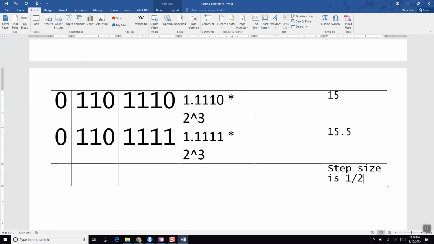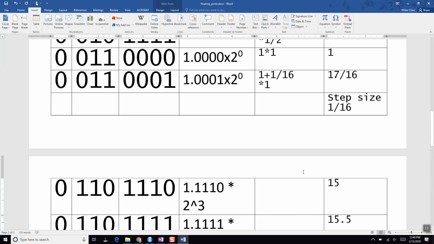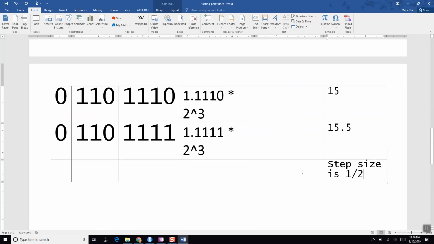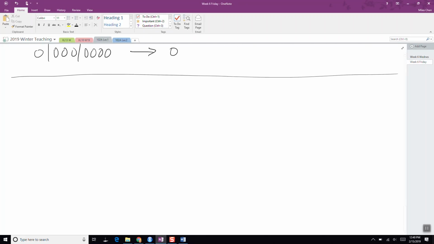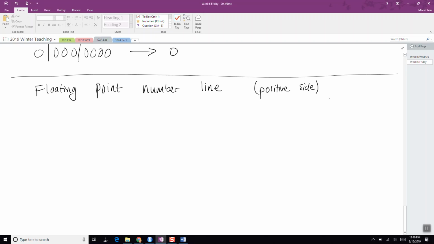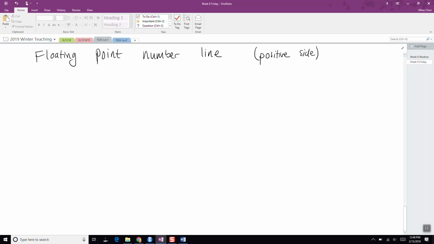Now we run into getting to infinity here. But basically, this is the floating point number line, and we'll just look at the non-negative side. It looks like this.